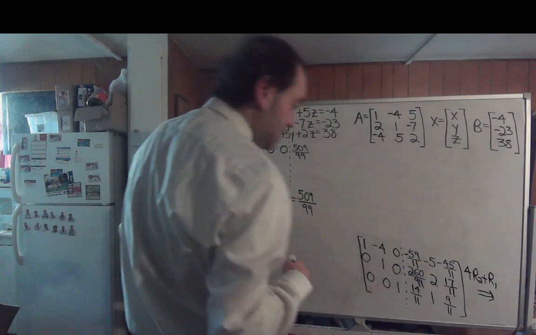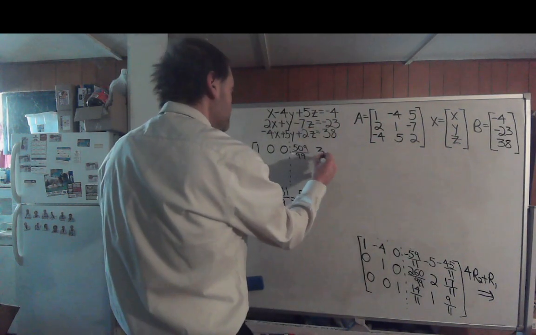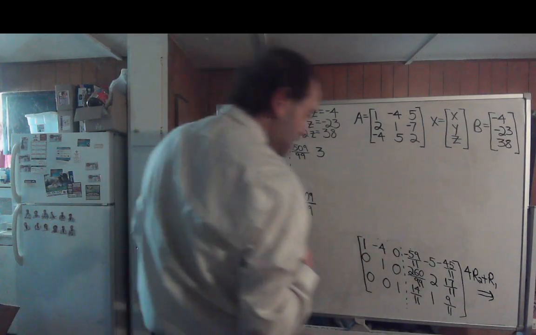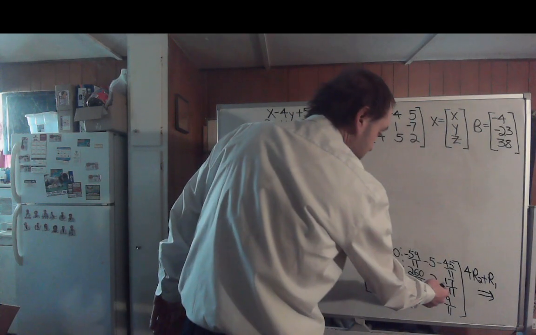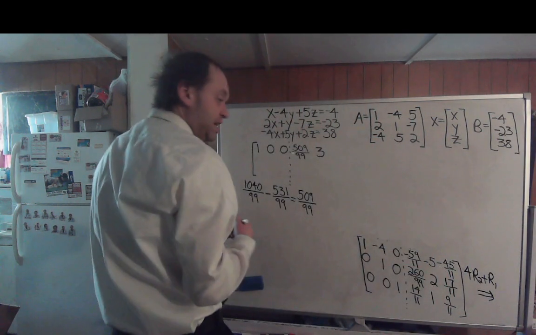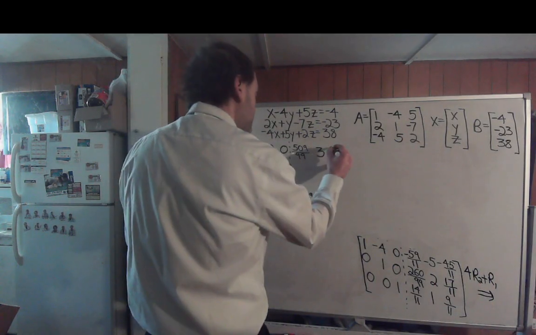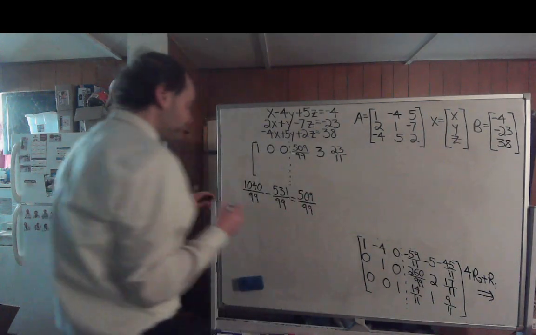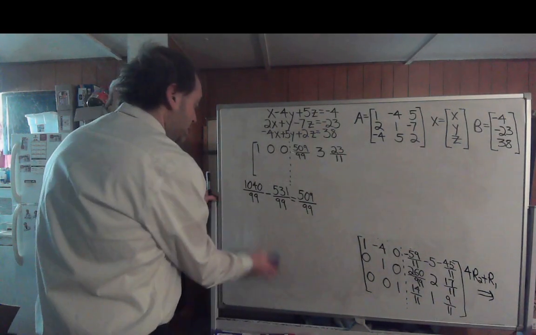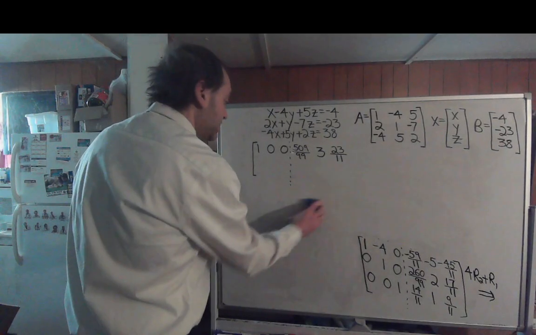Alright, so then you see 2 times 4 is 8, minus 5 is 3. That's a nice simple one. And then 4 times 17/11, that's going to be 68/11, minus 45/11. That would just be 23/11, so that's not as bad. Alright, and then row 2 and 3 we can just leave alone.